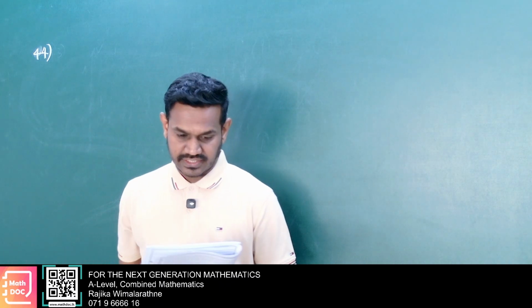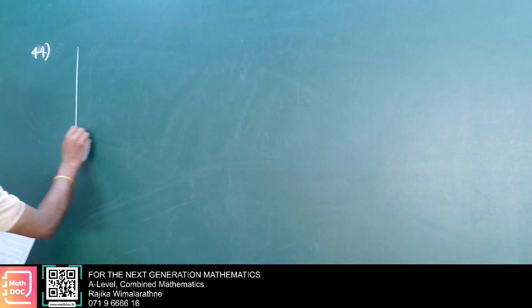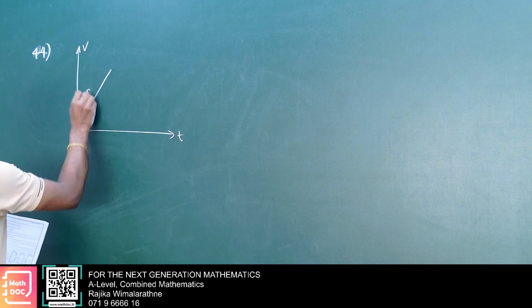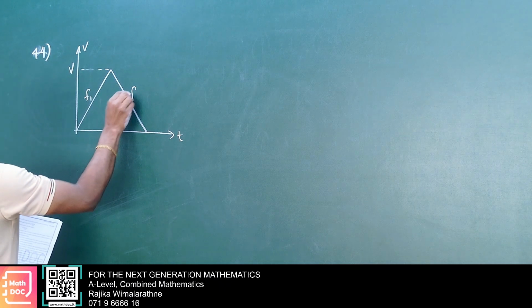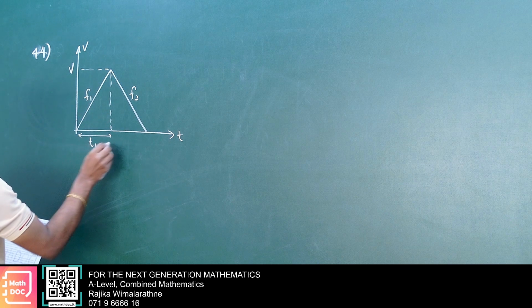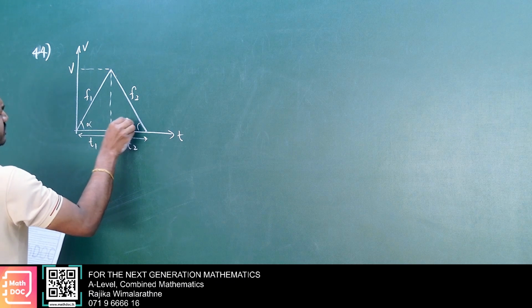So it needs to accelerate and reach maximum velocity V, then retardation, same type. Then you do this, say, here time, velocity, acceleration F1, reach velocity V, retardation F2. Here time T1, here time T2, say alpha, beta.